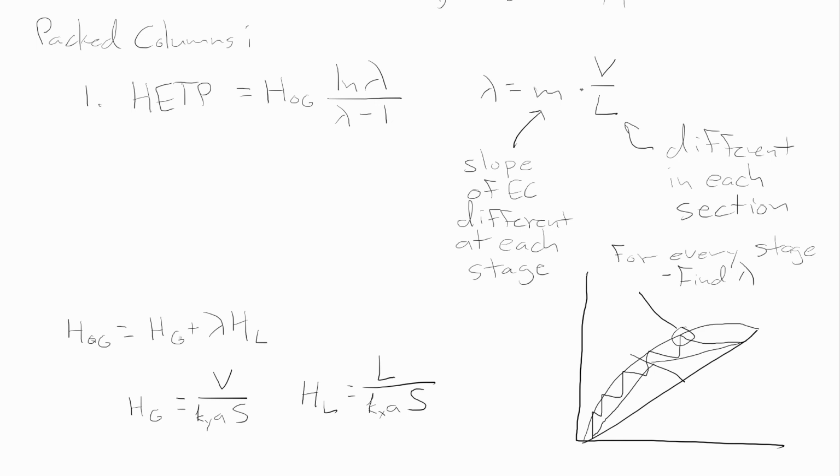And then if we're given an HG and an HL, we can use lambda to find HOG. And then lambda and HOG will give us the height equivalent to a theoretical plate for each stage. And we merely add those heights together to get the total height of the packed column.